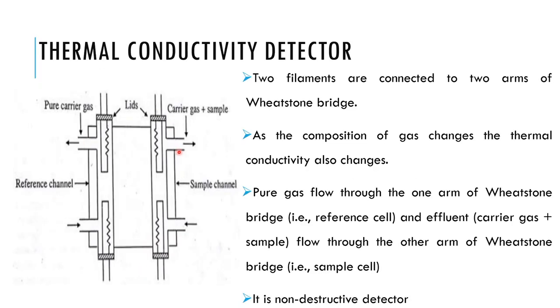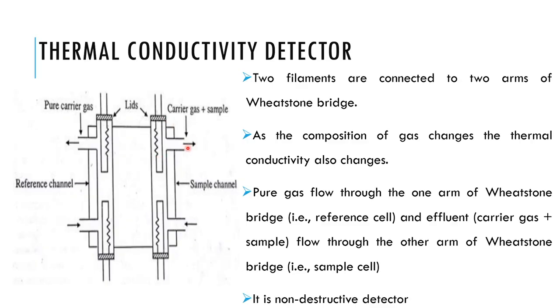Okay, so now let us discuss the thermal conductivity detector. This thermal conductivity detector works on the principle of the Wheatstone bridge. It has two filaments. Through one filament the standard gas flows, and through the other filament the carrier gas along with the sample flows. When only carrier gas is flowing through both, there will be no change in the thermal conductivity.